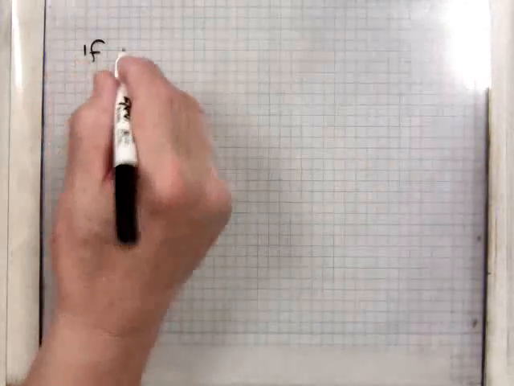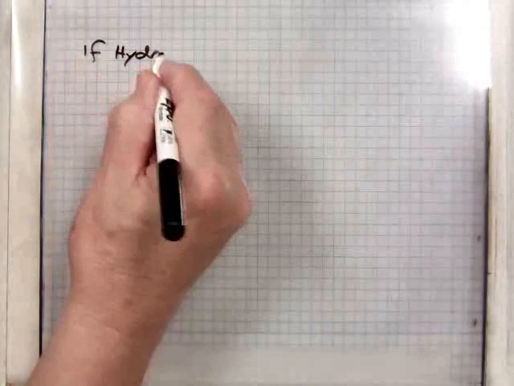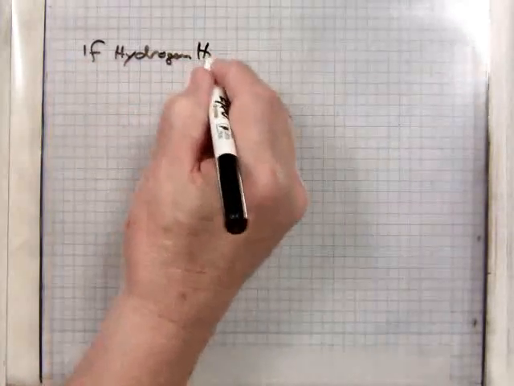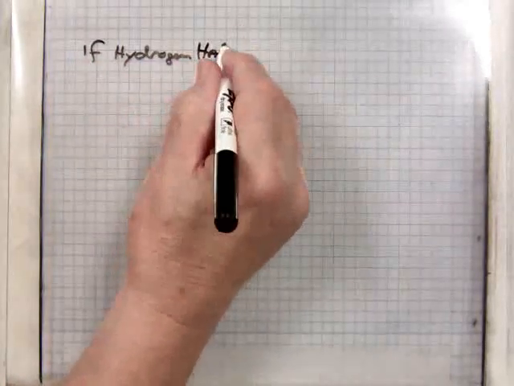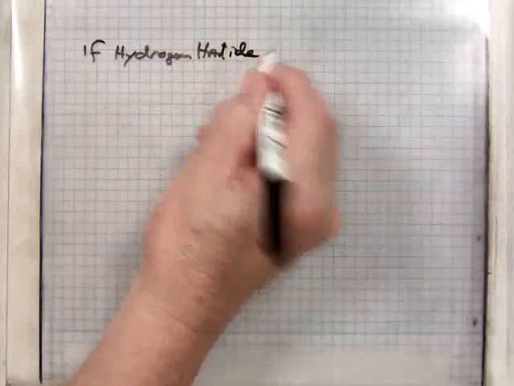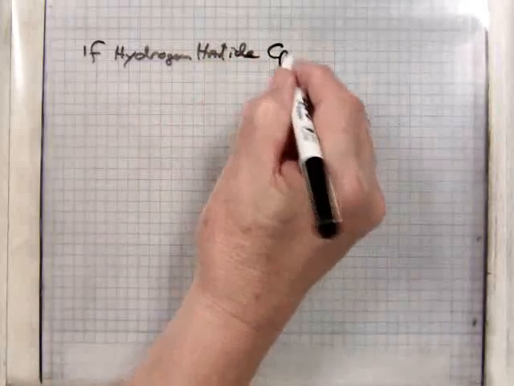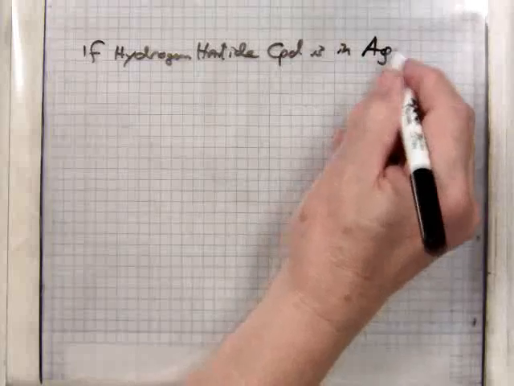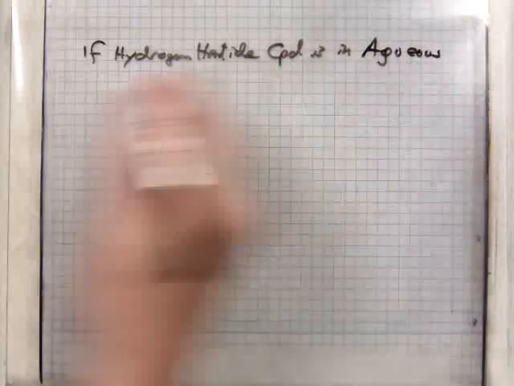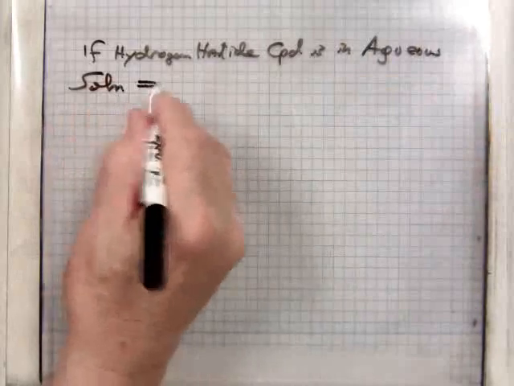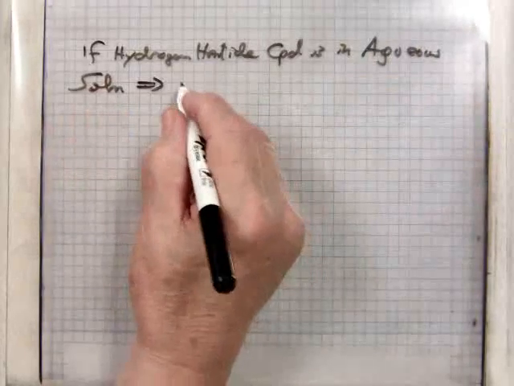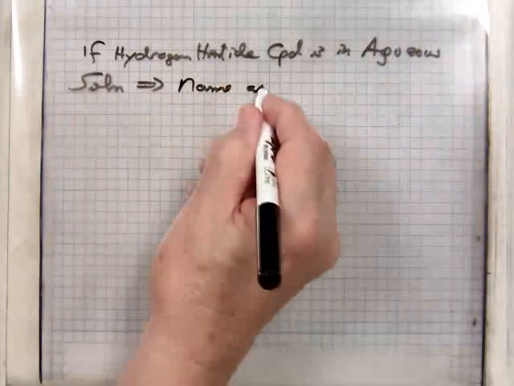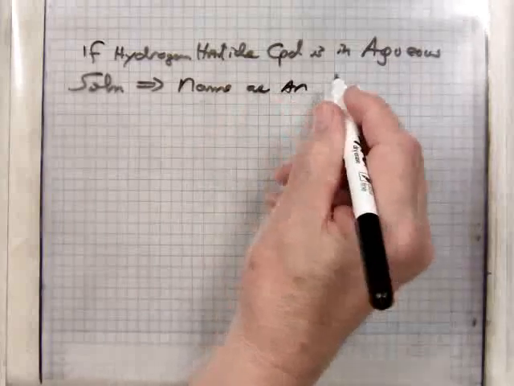If a hydrogen halide compound is in aqueous solution, then name it as an acid.